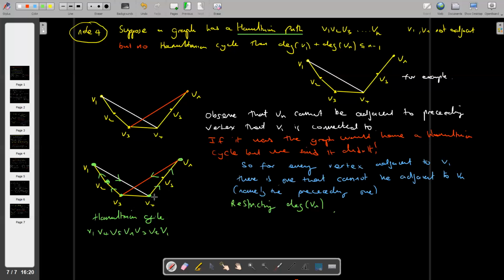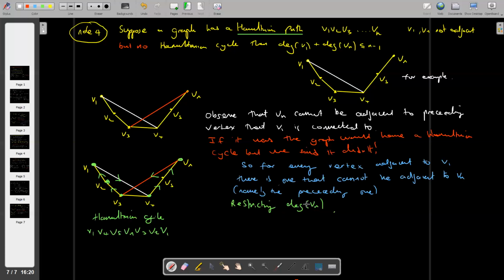If V1 is connected to V4, then Vn cannot be connected to V3, and so on. It's important it's the preceding one, so this loop doesn't have any gaps. If we imagined that we had a vertex here, then this loop wouldn't connect them all, and it wouldn't be a Hamiltonian cycle. It wouldn't visit that vertex in the middle somewhere. So essentially we've restricted the degree of Vn.